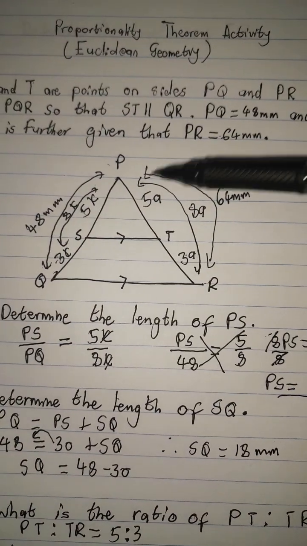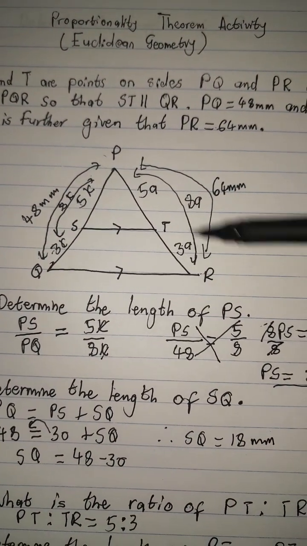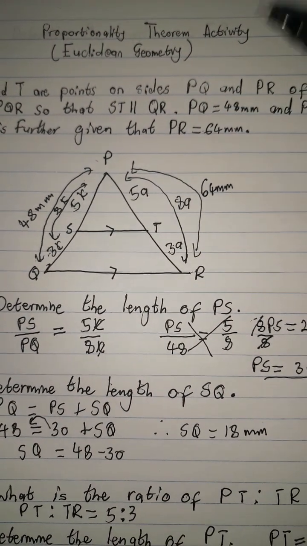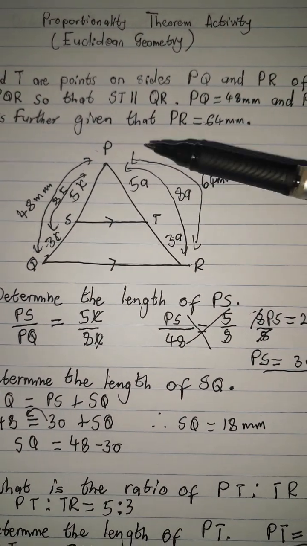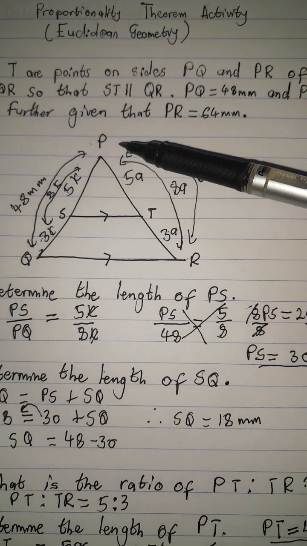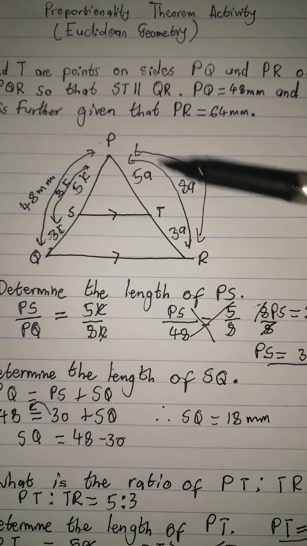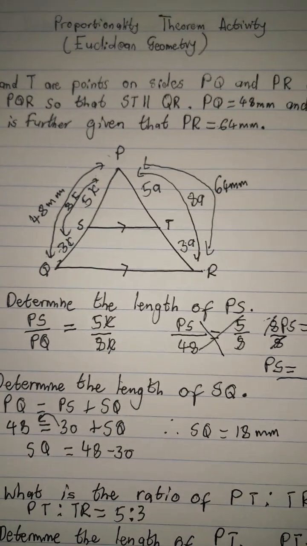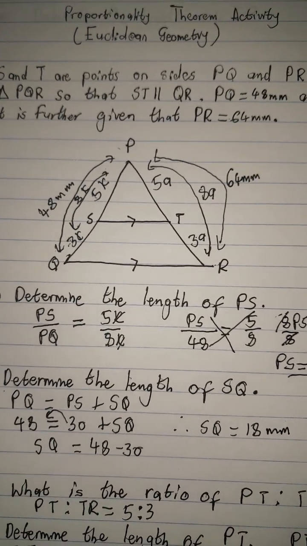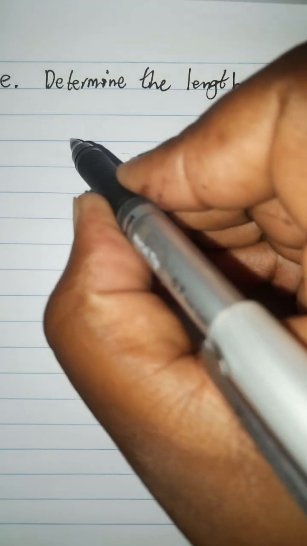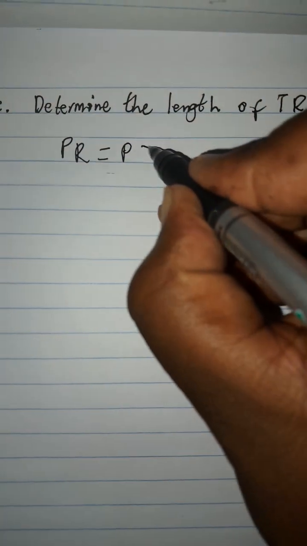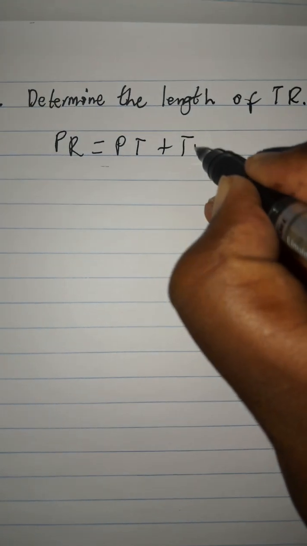The last question requires us to calculate the length of TR, right? Since it says determine the length of TR, and we know that PR is made up of PT plus TR, we can use that technique to find TR. Let's put that into practice. Remember PR is formed by PT plus TR.